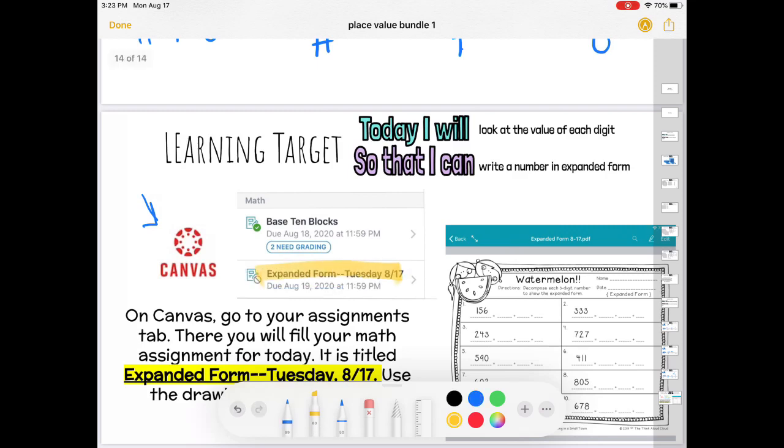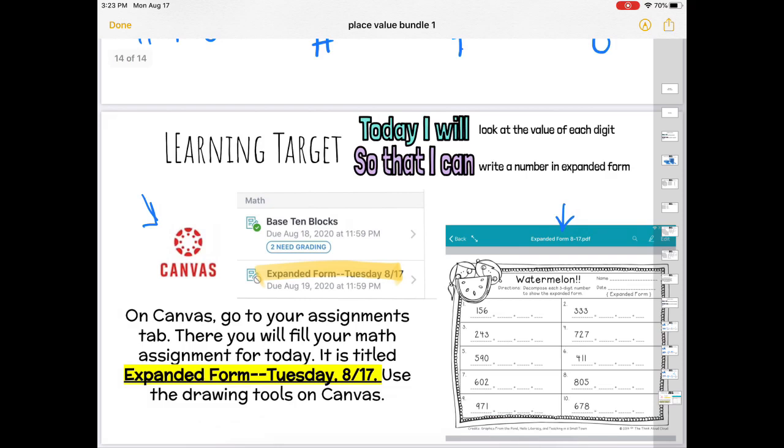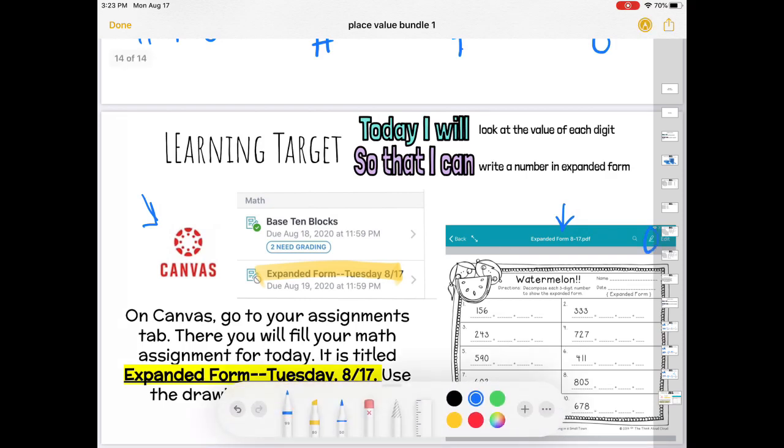And then, if you look over here, you can see your assignment. You are going to use the drawing tool, which is right up here in the corner. You guys have used it before, to fill out the rest of these problems. There's 10 problems you're going to work on. You're going to work on stretching those numbers and make sure you submit it when you are done.